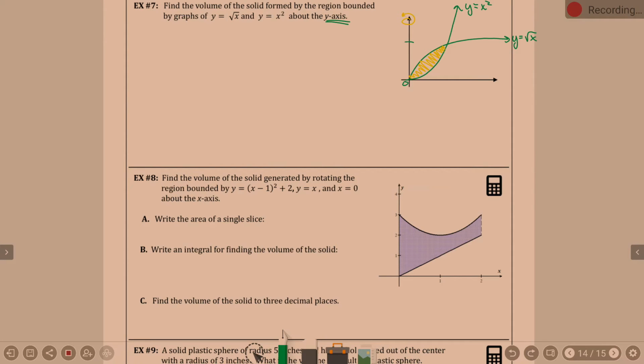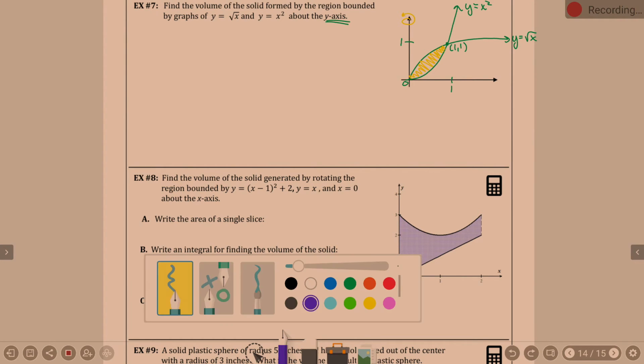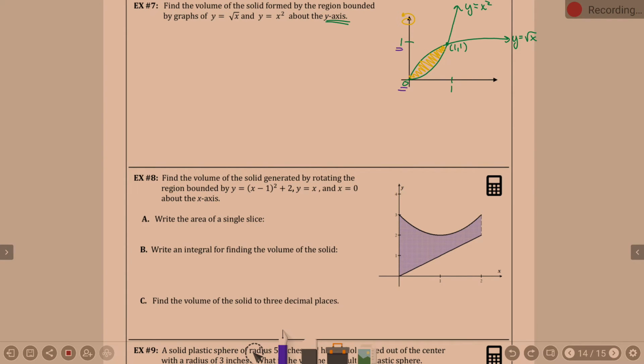What's that upper value going to be? 1. In other words, where do these graphs intersect? They intersect at 1, 1, right? Because square root of 1 is 1 and x squared is 1. Now, specifically, which one do we need? I did already state that it's going to be the y values because we're revolving around y.